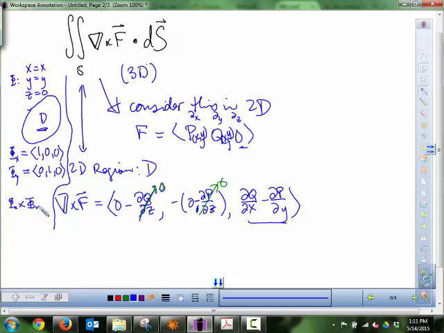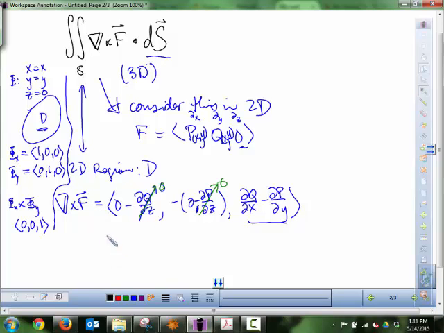It's 0, 0, 1. So that would be your dS. This is really your k vector, right? It's just going straight up out of 2 dimensions to the 3rd dimension, but that's essentially what your dS is equal to.